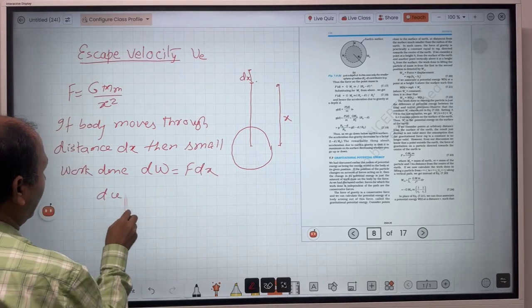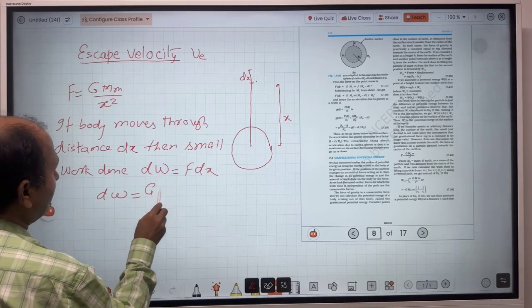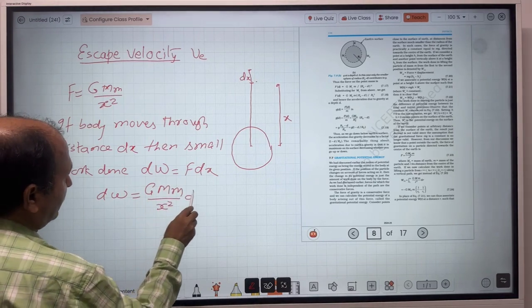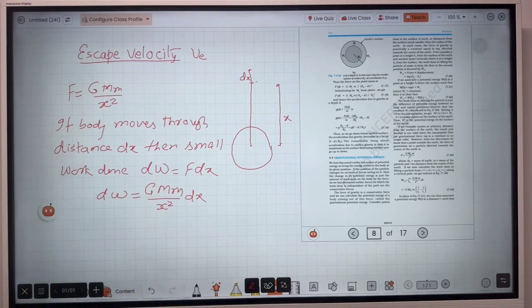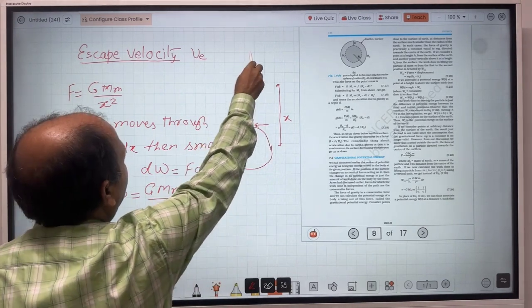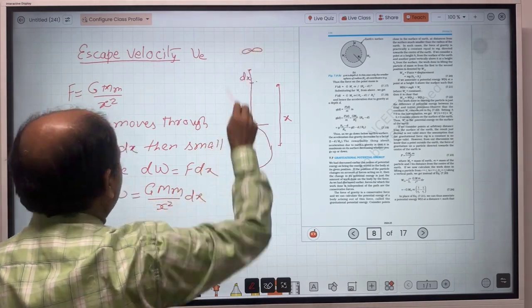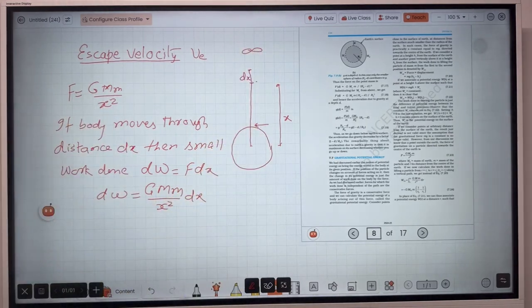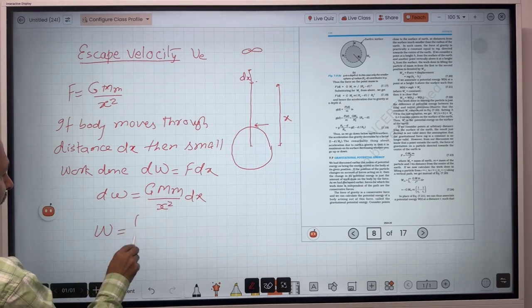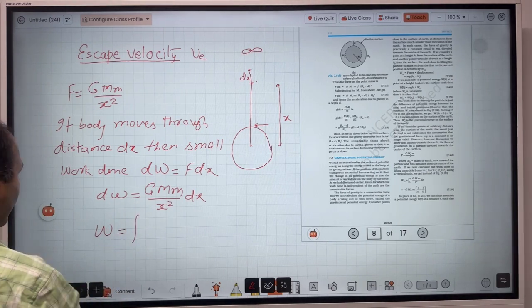So dW equals GMm divided by x square dx. Now if we want to move the body from the surface of Earth to infinity, so that the body may escape, we can put the limits.